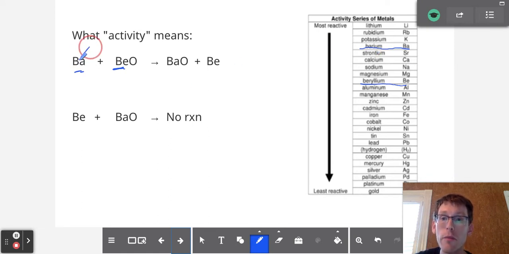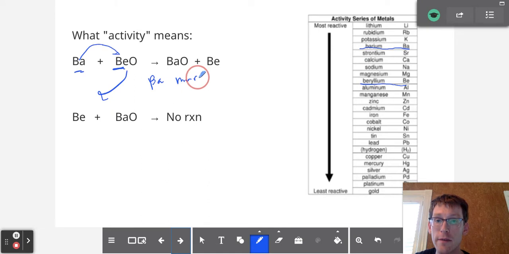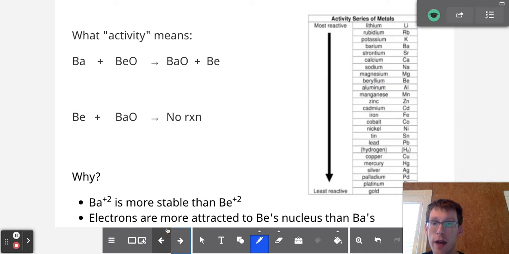So barium will be able to displace the beryllium because barium is more active. On the other hand, beryllium being less active, it is unable to displace the barium. It's unable to undergo this reaction.